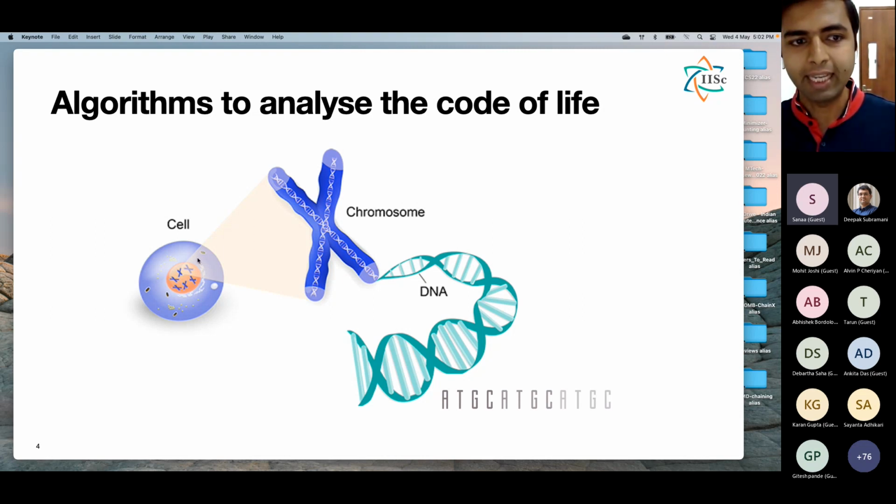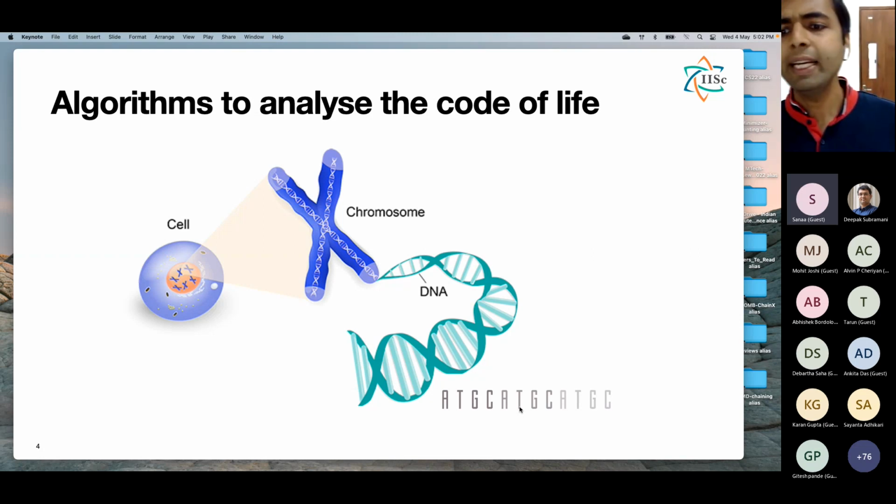If you open a cell, inside you will find chromosomes, and each chromosome can be seen as a thread of DNA. DNA can be interpreted as a sequence of nucleotide characters, A, T, G, C, and so on. What we are doing in our lab is developing algorithms that help interpret these DNA molecules.